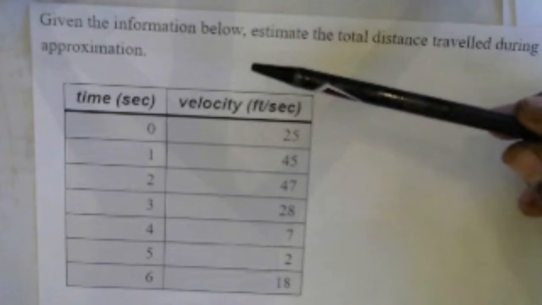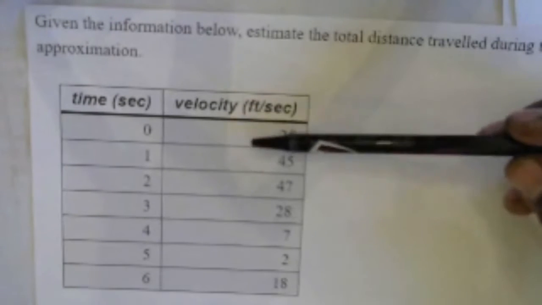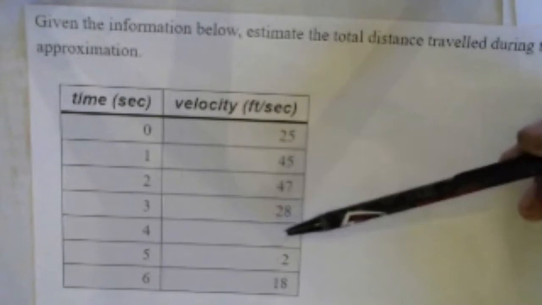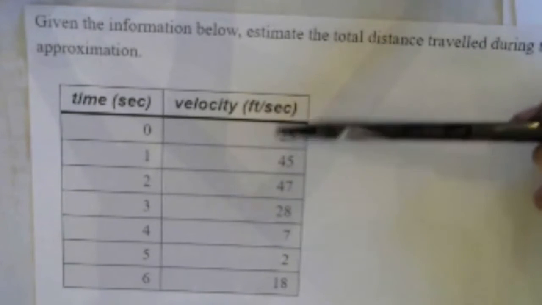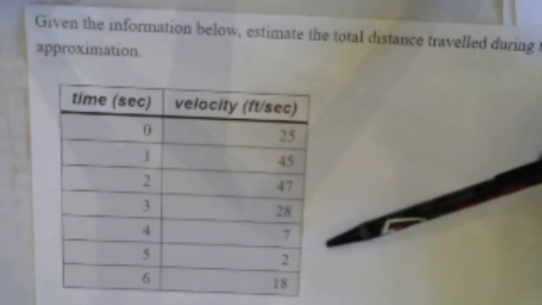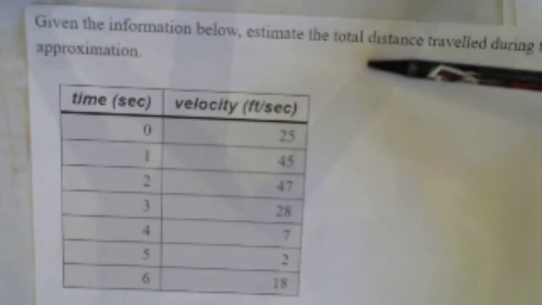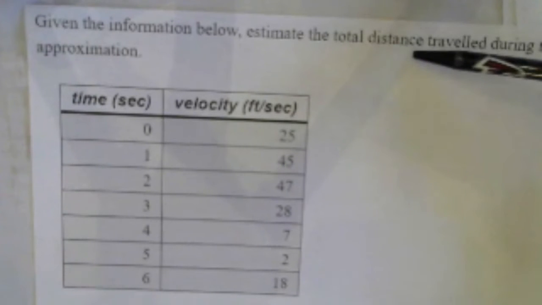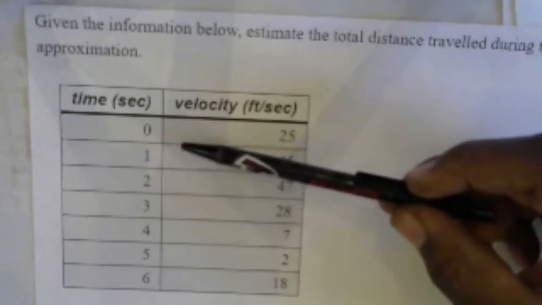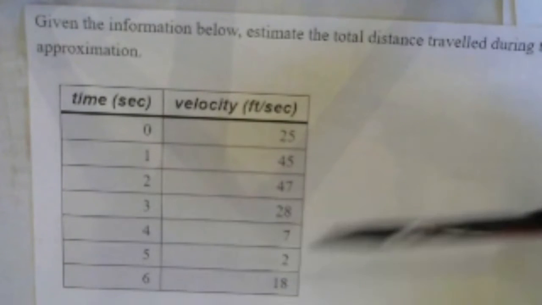So here, we're given the velocity, which is the speed or the rate, in feet per second in the second column, and we're asked to estimate the total distance traveled during this 6-second interval.